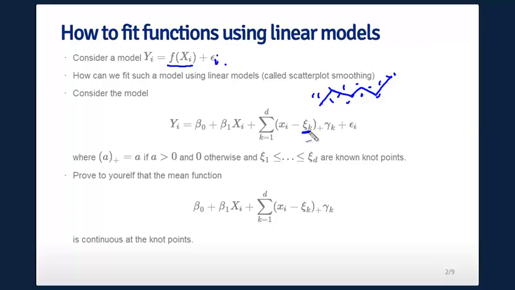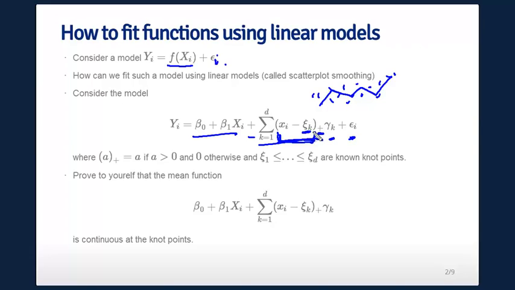I think that Greek letter is called xi, and notice the little plus right there. I'll describe what that is in a minute. But imagine we have a line, plus these guys times some other parameters, and then our epsilon i. These guys are known. These are numbers. Given that we know our x's, we know these guys.